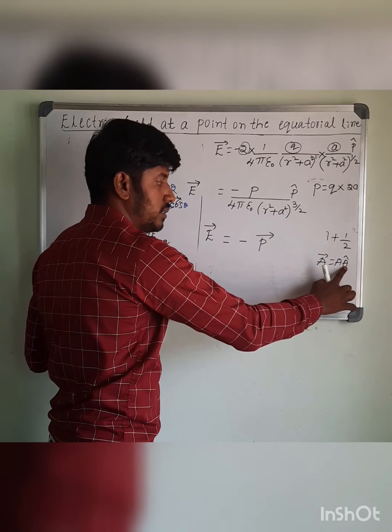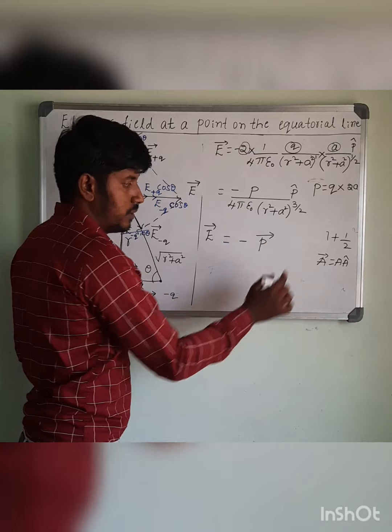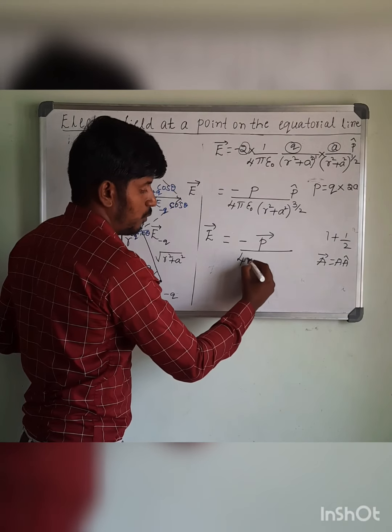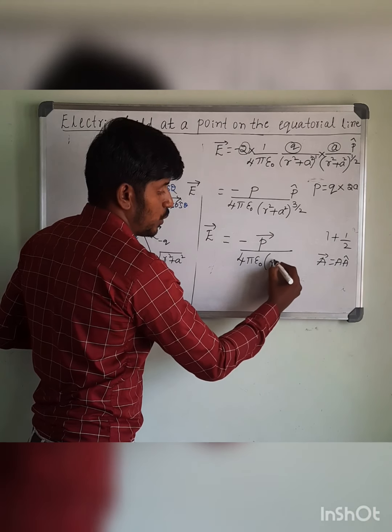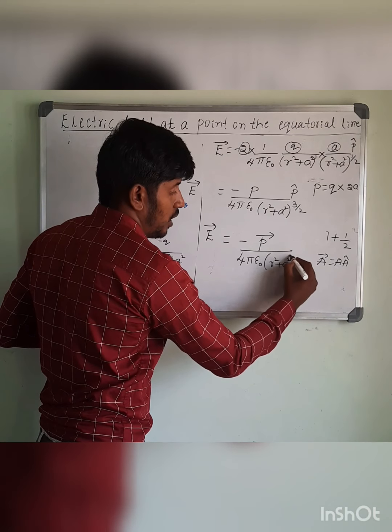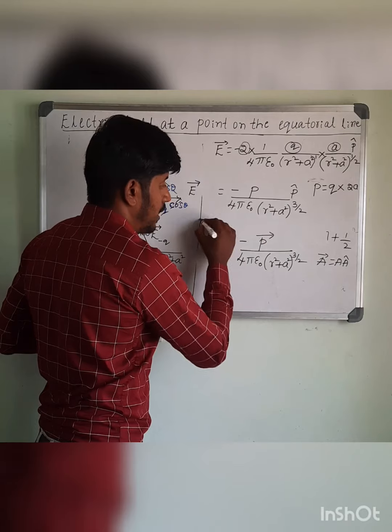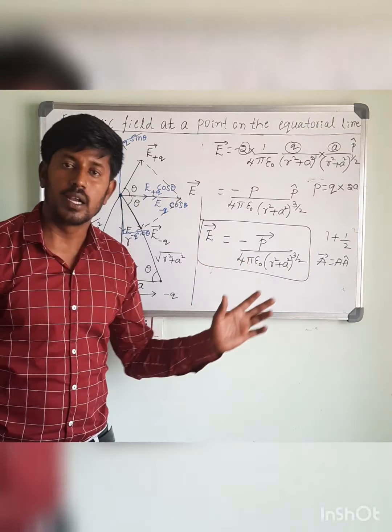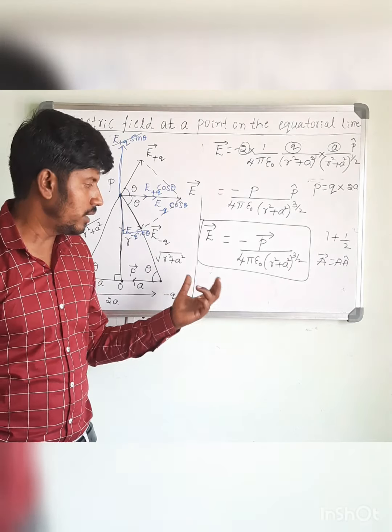The two together give the vector. So that divided by 4 pi epsilon naught, r square plus a square whole power 3 by 2. Okay, this is the total electric field at a point on the equatorial line due to a dipole.